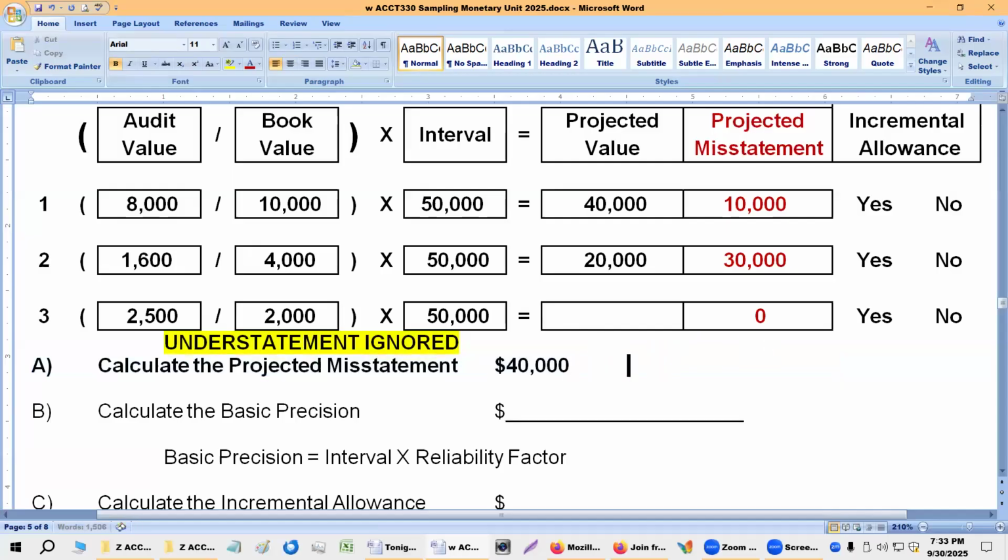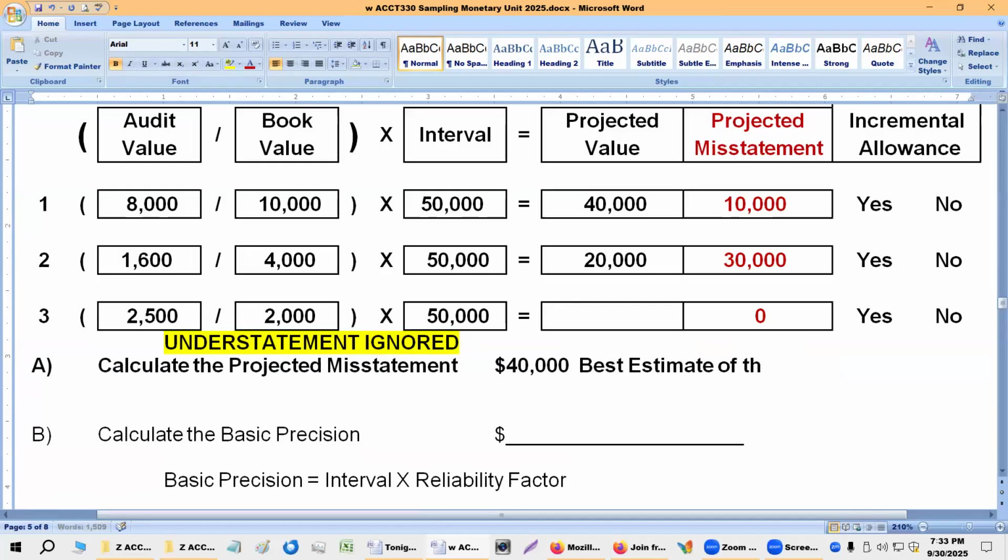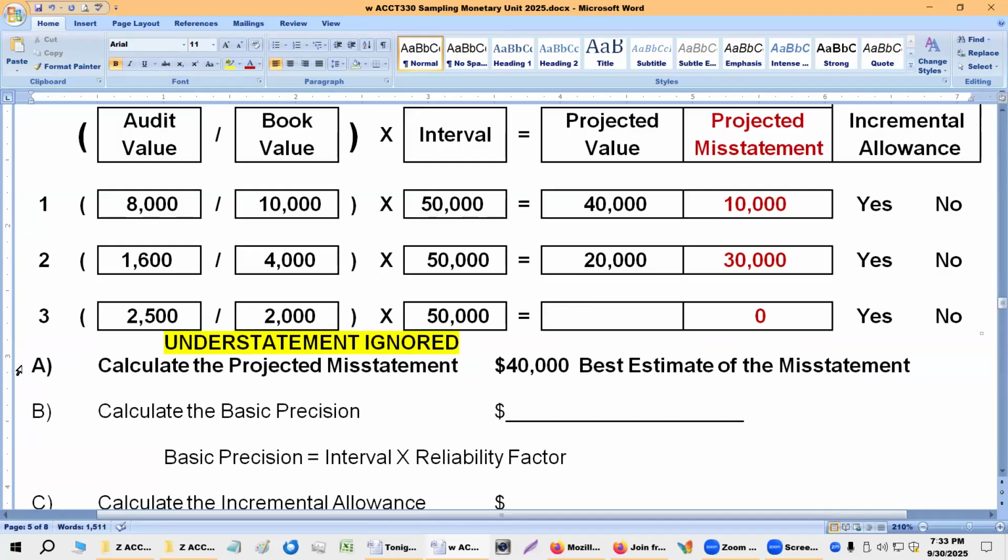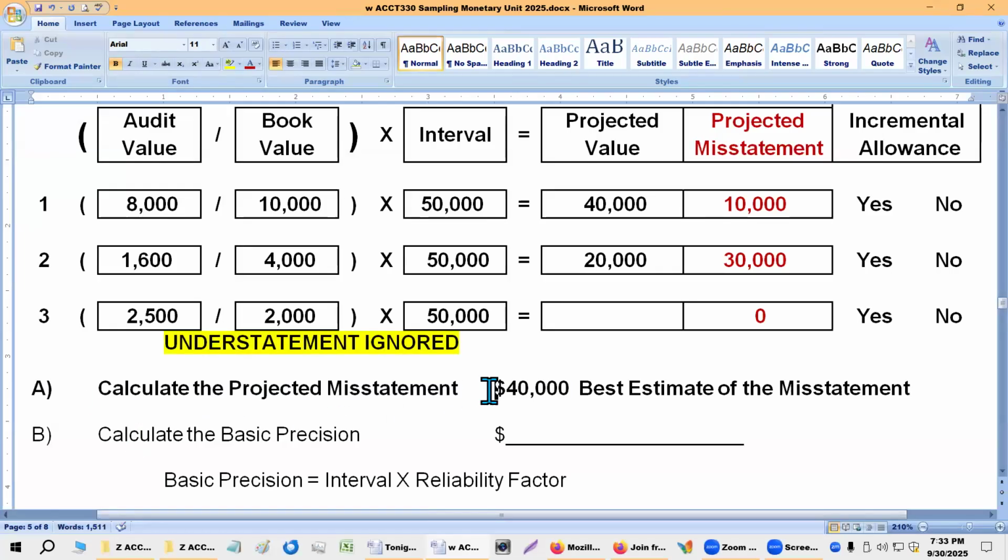And this is our best estimate. Misstatement. Okay.